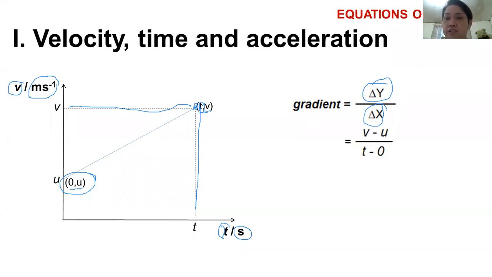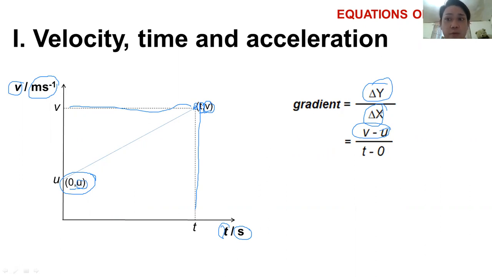So we can simply say, okay, v minus u all over t minus 0. Where did we get v minus u? This is just subtracting or finding the difference of your final velocity minus the initial velocity. Remember this formula, the v minus u: v, the final velocity, minus u, the initial velocity.